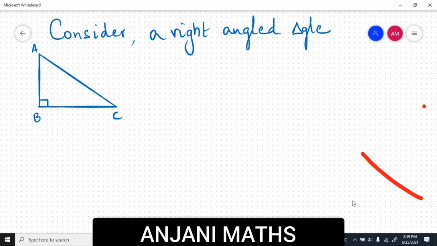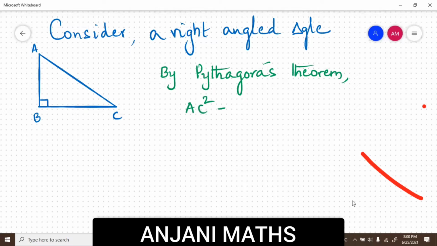Now, by Pythagoras theorem, what we can say? AC square, hypotenuse square equal to side square plus side square, AB square plus BC square.